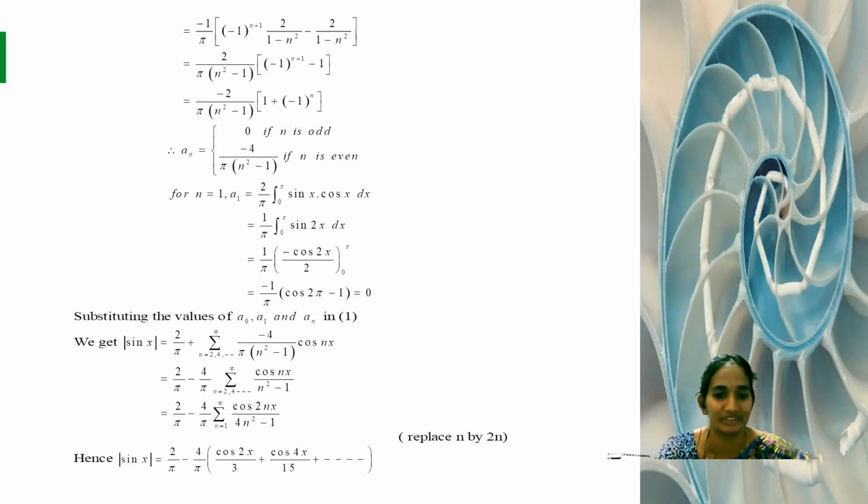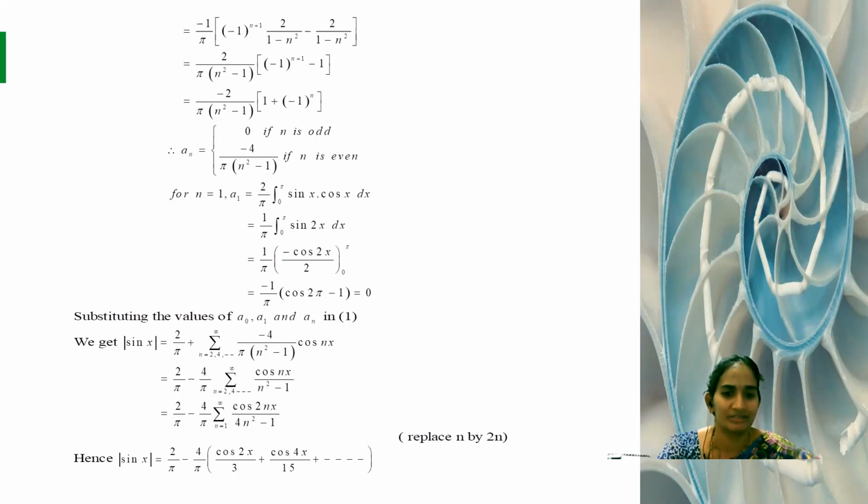Okay, it's clear. So now writing the next step: equal to 2 by pi minus 4 by pi summation n equal to 1 to infinity cos 2nx by 4n square minus 1 only, not 4.